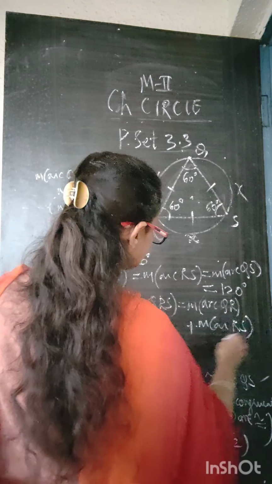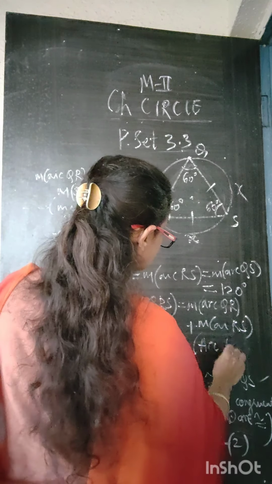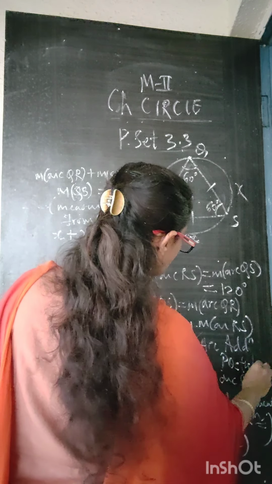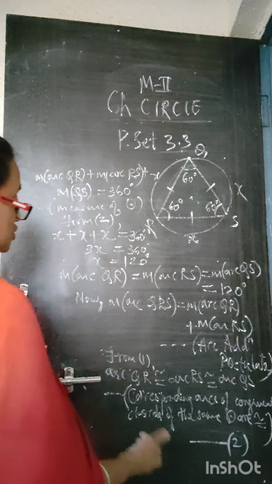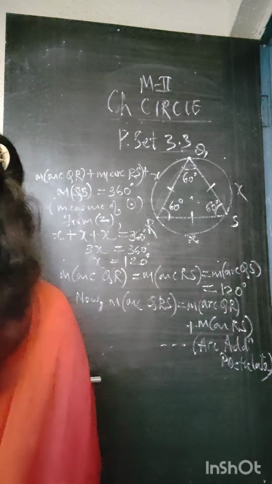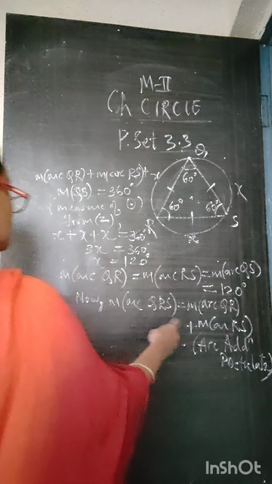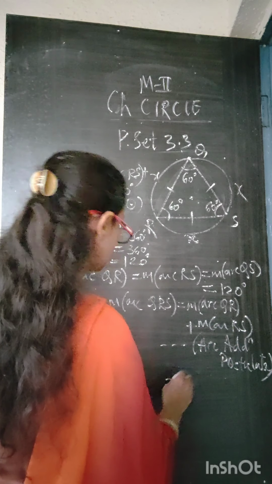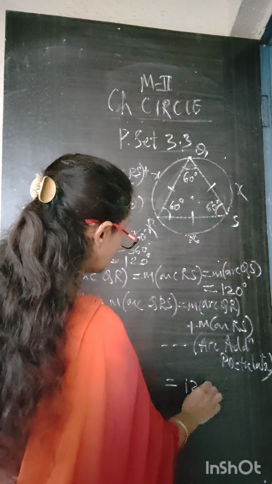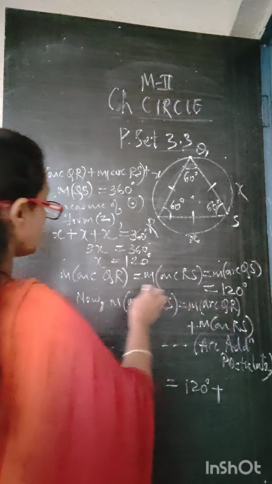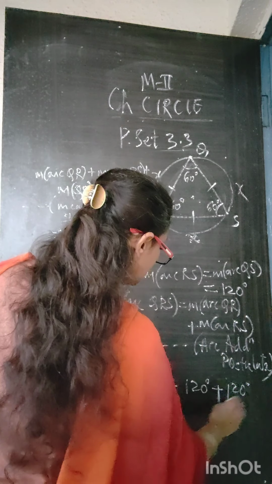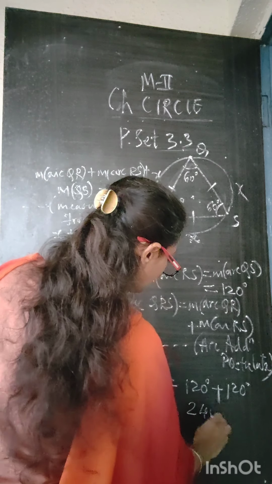This is the arc addition postulate, by which I can add arcs. So what is the measurement of these two arcs? QR is equal to 120, RS is again 120. So 120 plus 120, yes, 240 degrees.